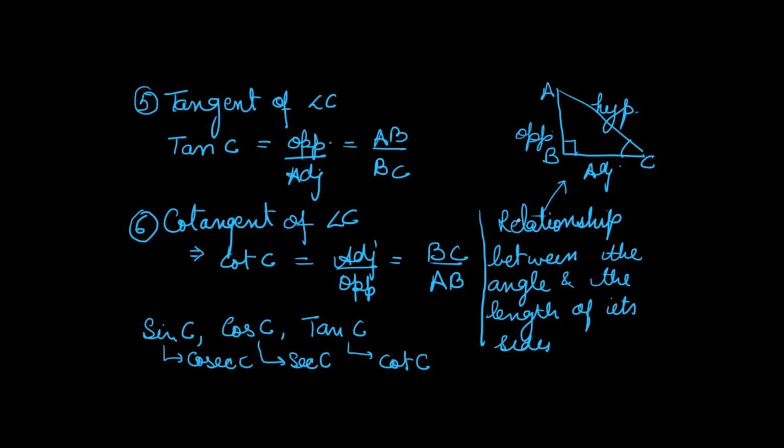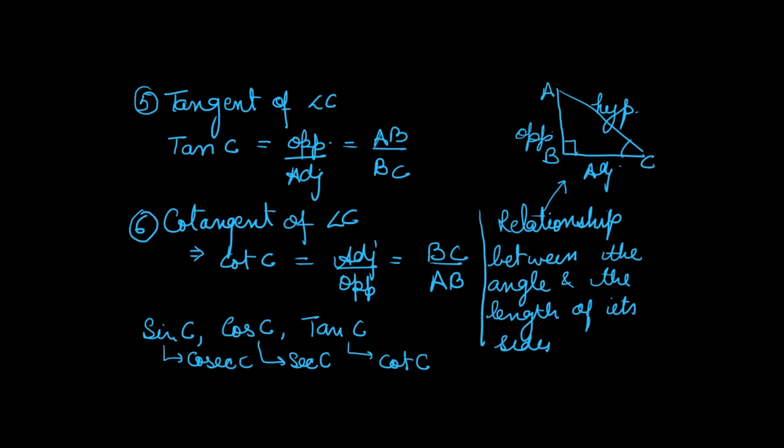Clear? So using these trigonometric ratios, if we know the angle, we should be able to figure out the three sides of the right angle triangle. But now the question is, why do we even have to figure out these sides? Why do we have to use trigonometry at all?